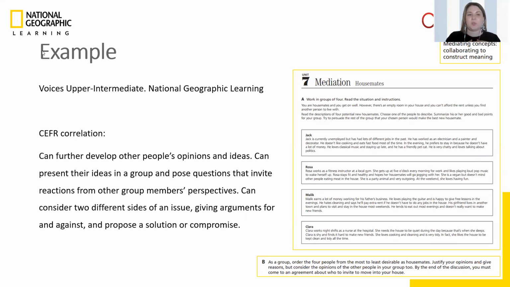I hope our session has given you some food for thought about other activities, or other focuses of the activities you do with your students, so that they are better able at mediating texts, mediating concepts, and mediating communication.